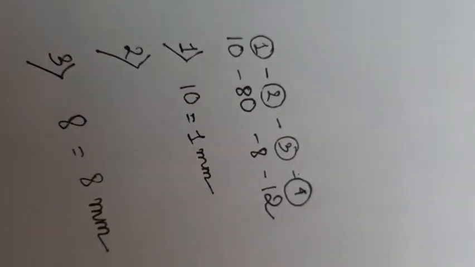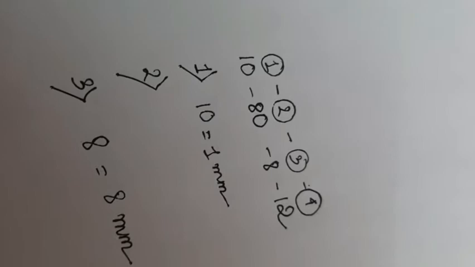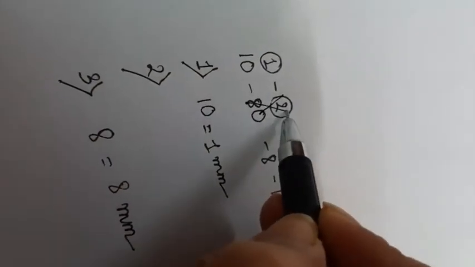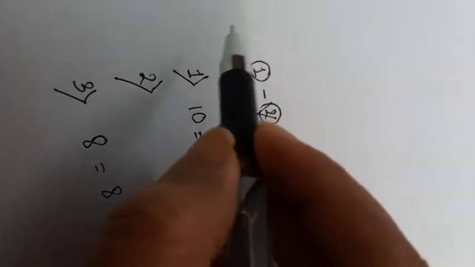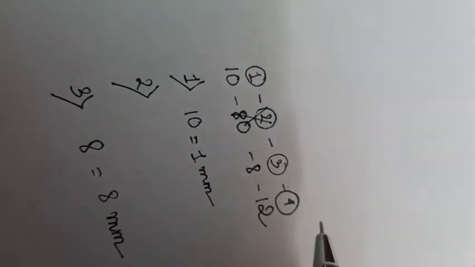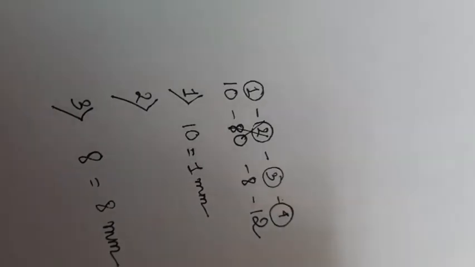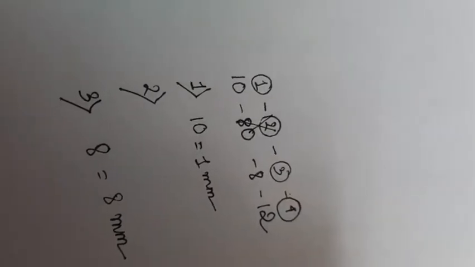Now, if the second number, that is the cutting edge angle, is 90 degrees, then this second number is omitted and it becomes a 3-digit number. So this is the difference between a 4-digit number and a 3-digit number.